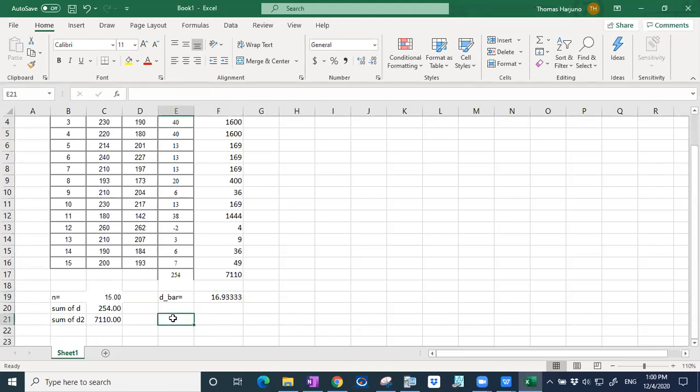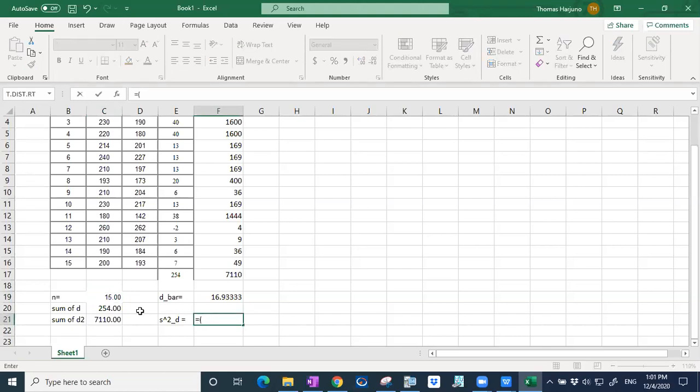And then how about my S squared D, the variance of the differences? That's equal to 15 times the sum of d squared. What am I doing? I need to use equal sign here.